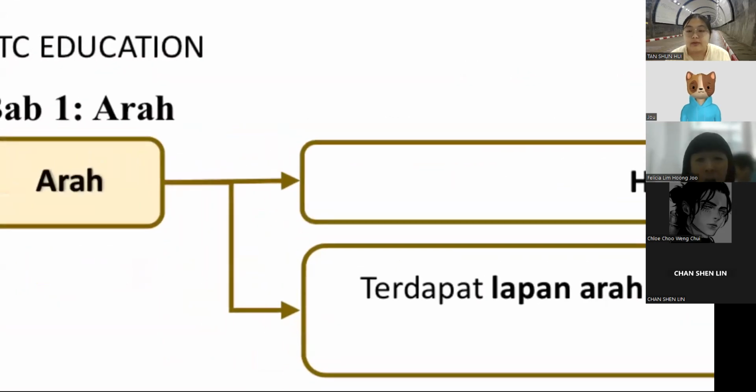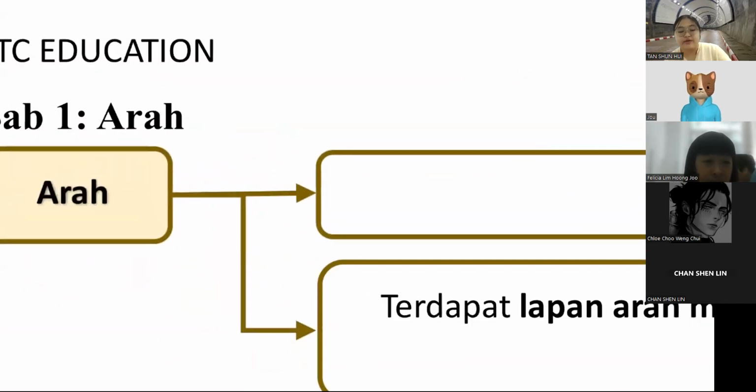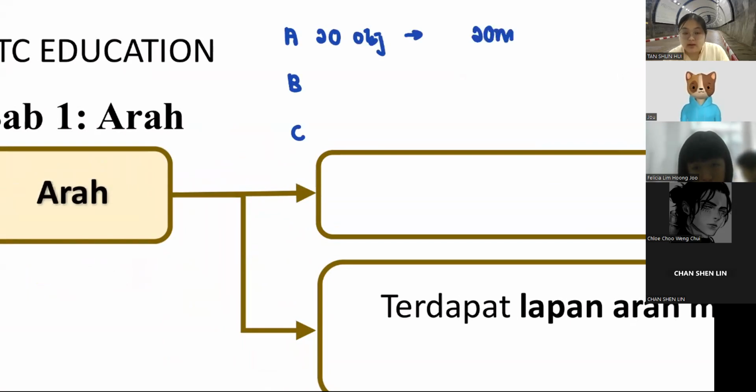All right. Now, if your school teacher is following the real exam format, then your exam format will be like this. All right. Your paper geography will be split into Bahagian A, Bahagian B, and Bahagian C. Right? Bahagian A is 20 objective questions, each worth 1 mark, total 20 marks. All right.